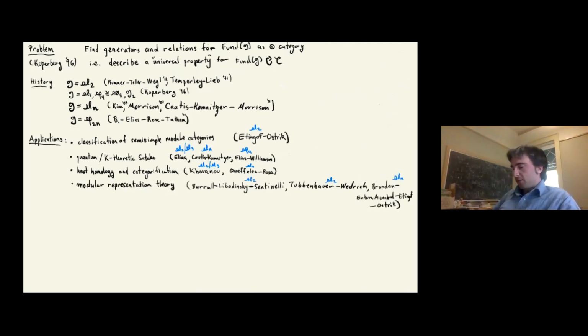Also there are some applications to modular representation theory: Brundan, Libedinsky, Sentinelli, and then Tubbenhauer and Wedrich were studying representation theory of SL2 from this perspective. And also recent work of Brundan, Entova-Aizenbud, Etingof, and Ostrik studying the semisimplification of the category of tilting modules for SLN.